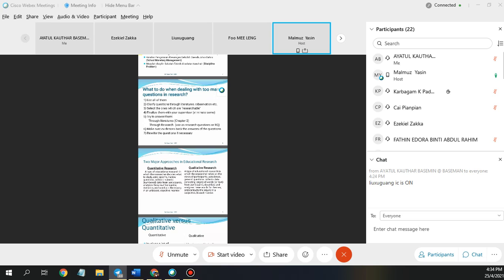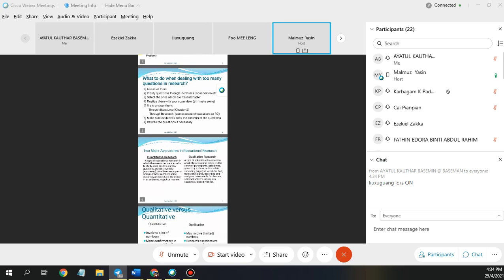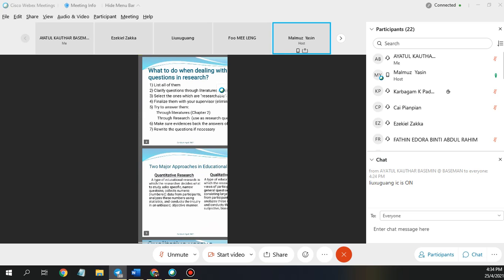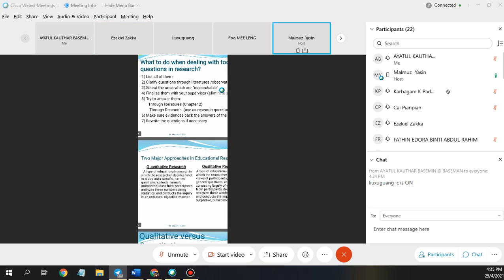But a considerable amount, let's say between 6 to 8 research questions, you put as your research questions, the things that you want to do. And then you finalize with your supervisor, eliminate some of them, and make sure you rewrite the questions if necessary, using the correct terms.